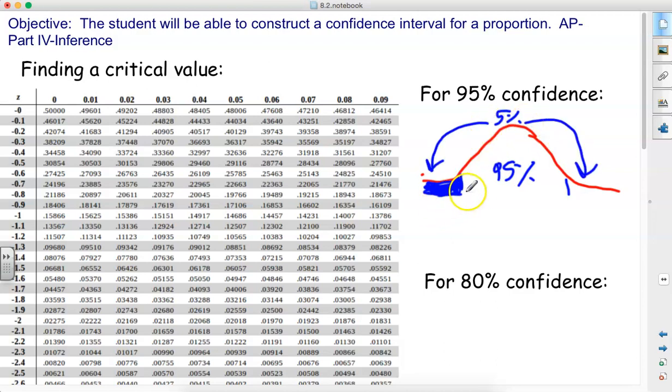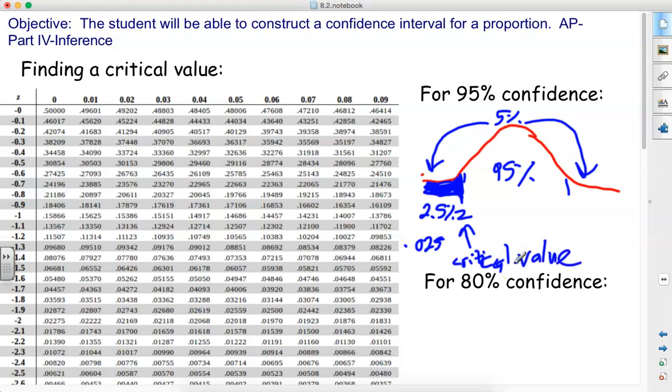So the percent that's below this z-score is 2.5%. We're going to look up 2.5%, which is 0.025, in here, as close as we can get to it, and convert that into a z-score. Whatever that z-score is, that is our critical value that we're going to use in our formula.